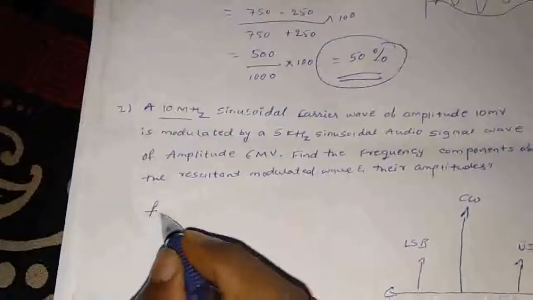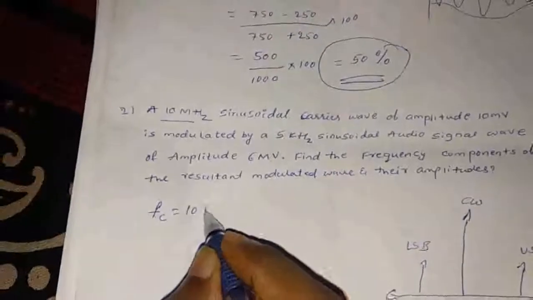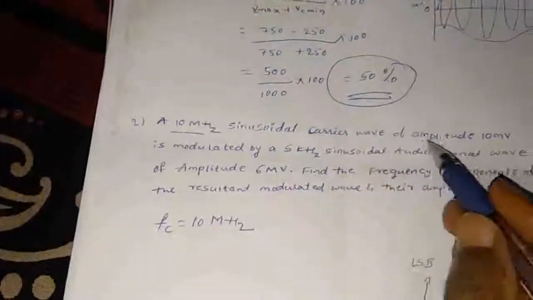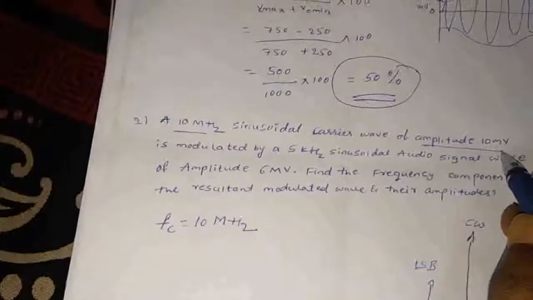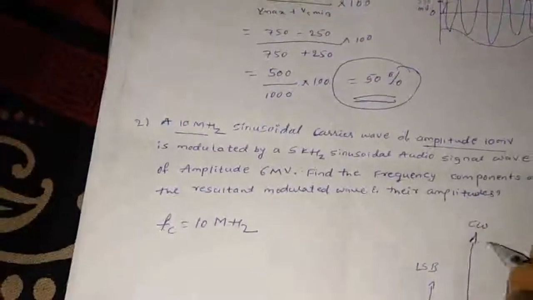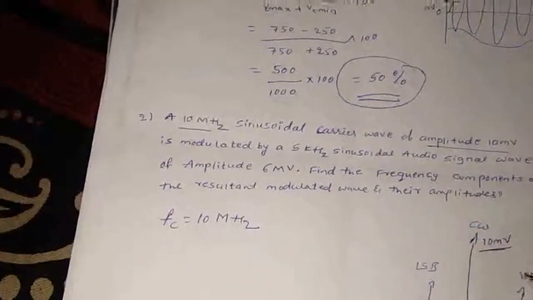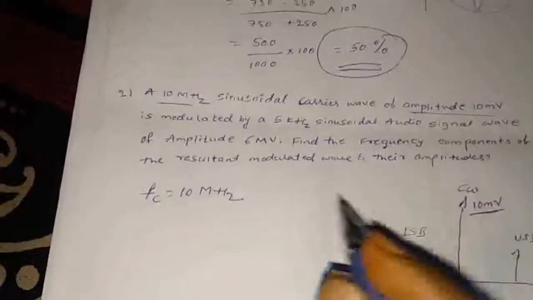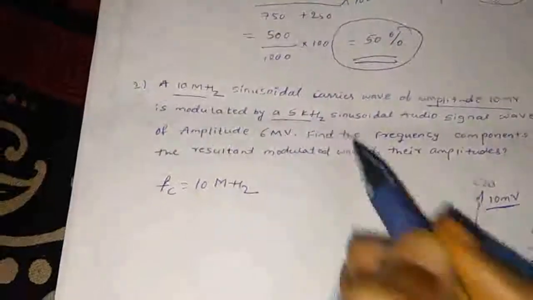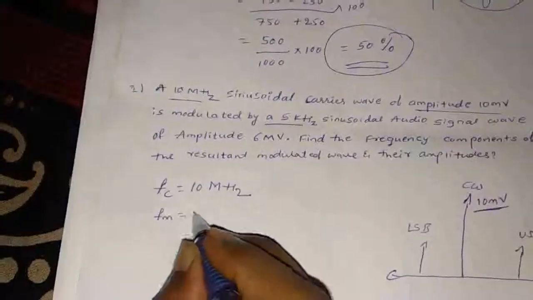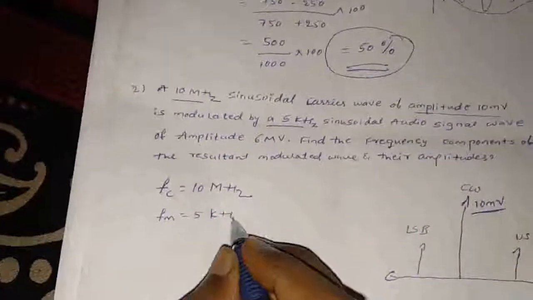So fc is equal to 10 megahertz, and the amplitude of the carrier wave is 10 millivolt, modulated by 5 kilohertz.